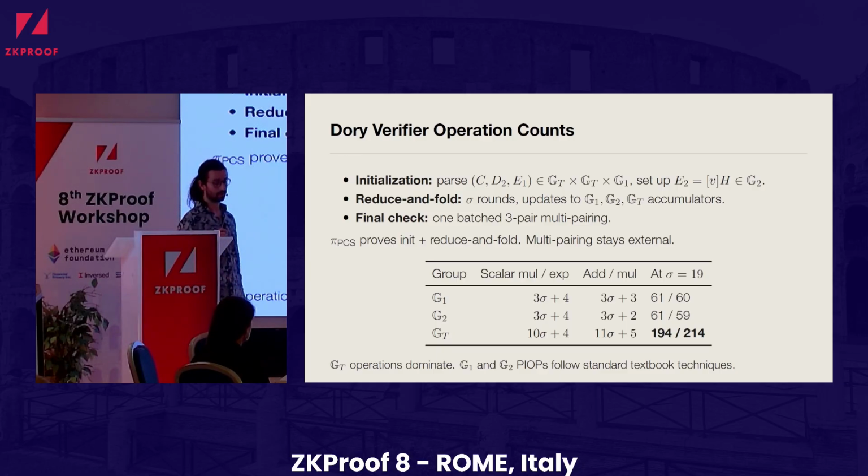Not only that, but operations in the target group are also more expensive. So we are going to focus on those operations. Just to note that the PIOPs that derive from the operations on G1 and G2 follow standard textbook techniques. They're also in the upcoming paper on this work, and we are not going to see them in any depth here.